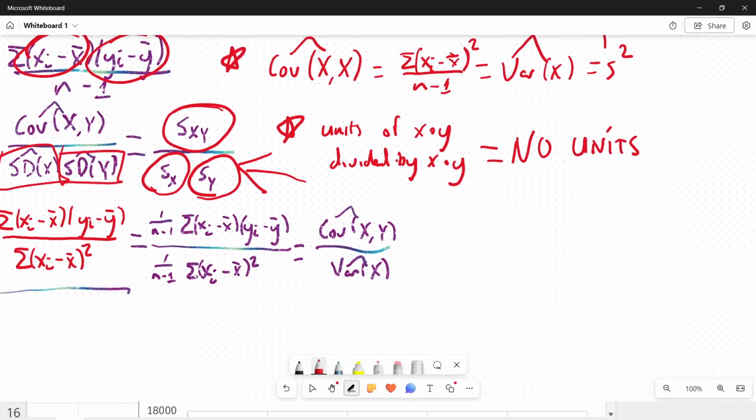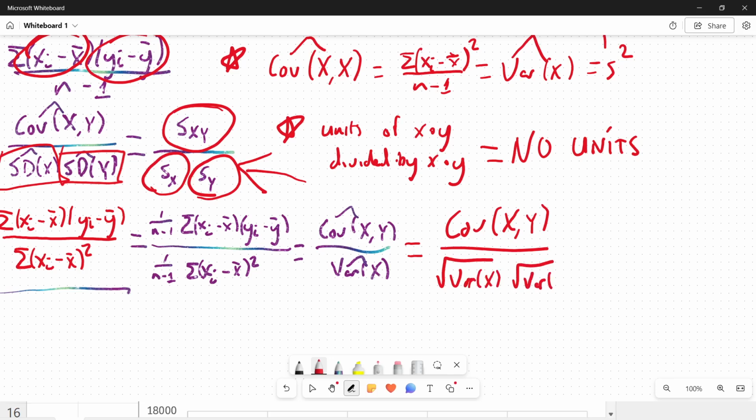That's very nice. Okay, also, covariance of x with y divided by the variance of x, you might look at that and say, that's a bit like covariance of x with y divided by the square root of variance of x, and then the square root of variance of x again, which of course is just an elementary splitting the variance into its own square root multiplied by its own square root.